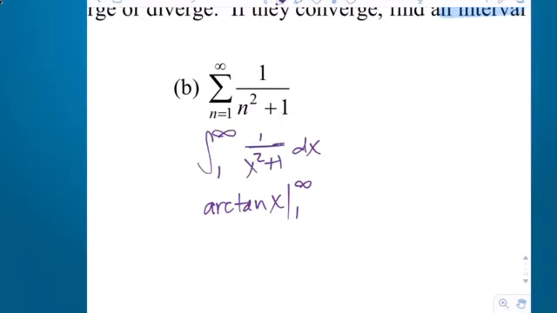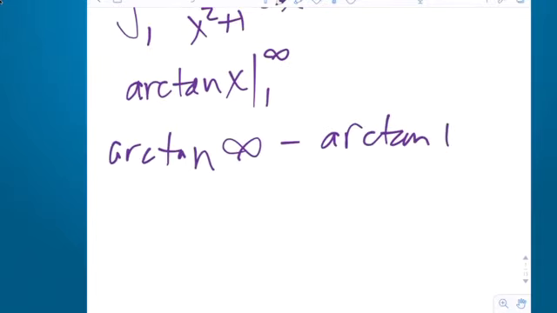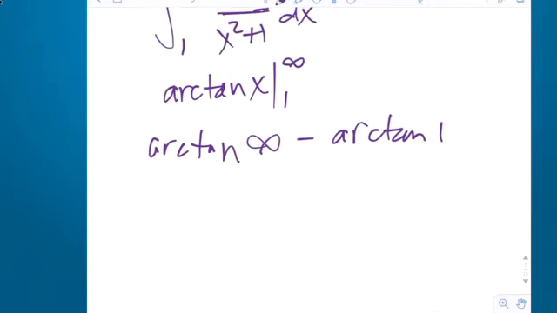We're starting at 1 on the series to infinity, so we get arctangent of infinity minus arctangent of 1. What is arctangent of infinity? Pi halves. It has a horizontal asymptote, so as you go to the right, it approaches pi halves. If you go out to the left, it approaches negative pi halves. And what is arctangent of 1? Pi fourths.